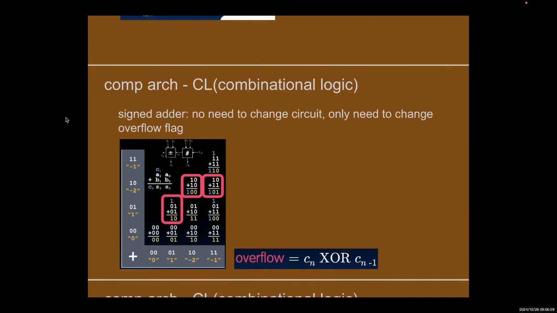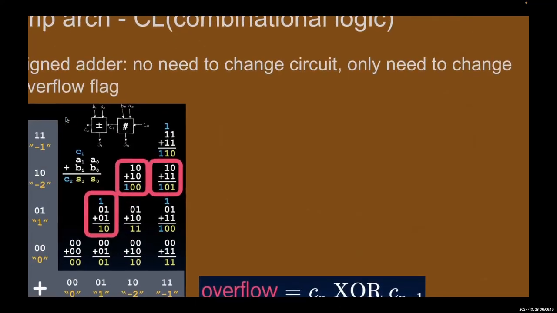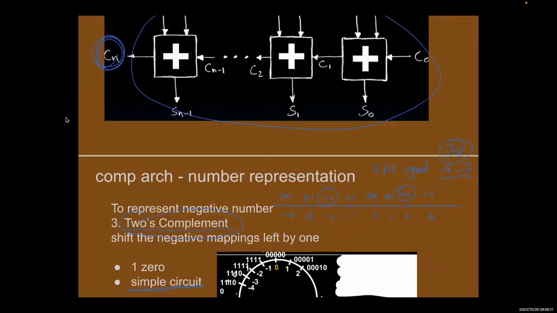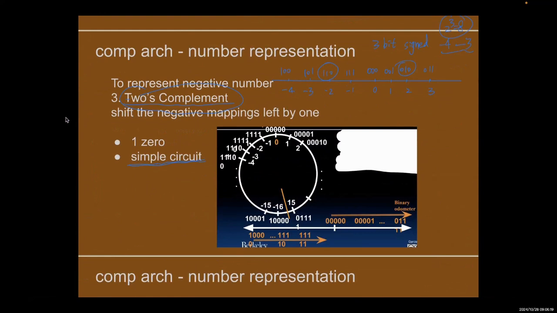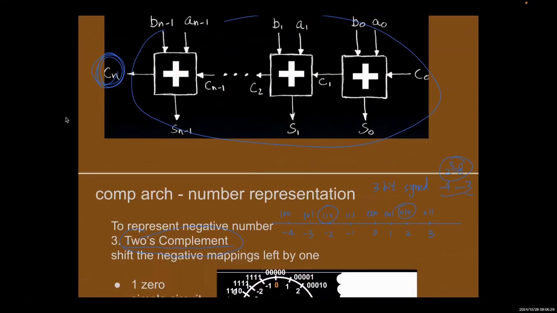So we build the signed adder. We just build an unsigned adder, then we build a signed adder here. I just showed that the add is all the same except for the overflow flag.